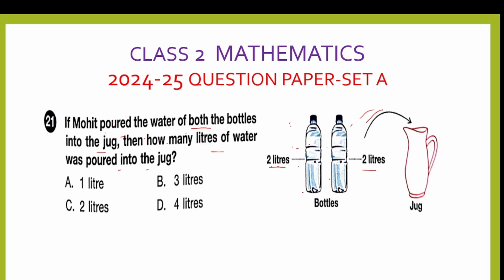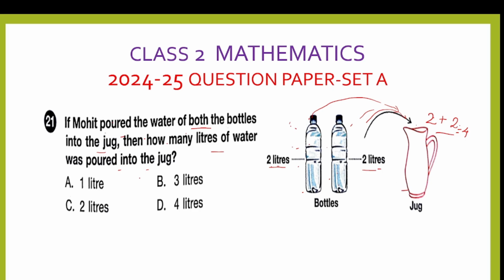If we pour one bottle into this jug, it becomes 2 liters of water. Then if we pour another bottle into this jug, it adds another 2 liters. That means 2 plus 2, 4 liters of water Mohit poured into this jug.